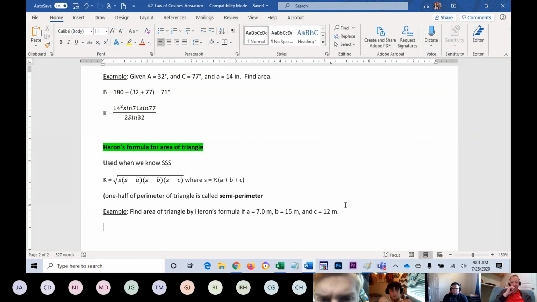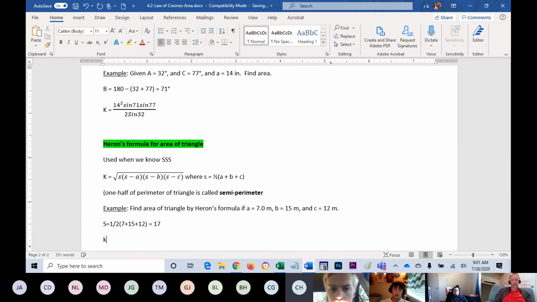So we're going to figure out S first. So it's 1/2 of 7 plus 15 plus 12. Since 22 plus 12 is 34, 1/2 of 34 equals 17. Okay. So now we're going to do K equals the square root of 17 times 17 minus 7, and then times 17 minus 15 times 17 minus 12.